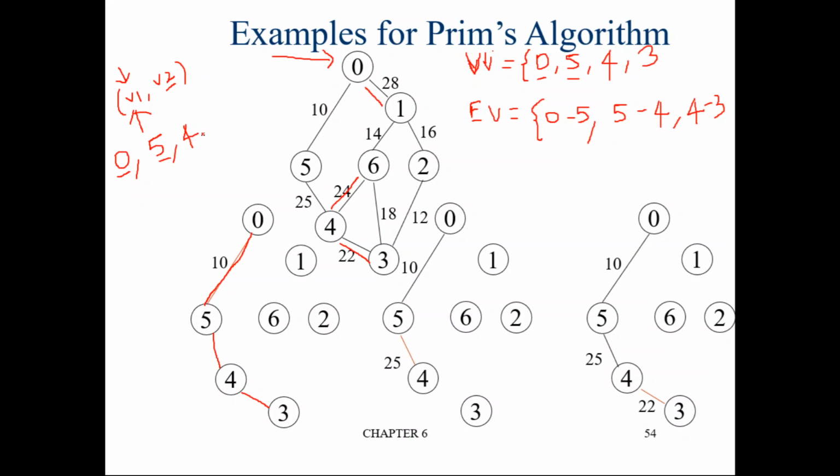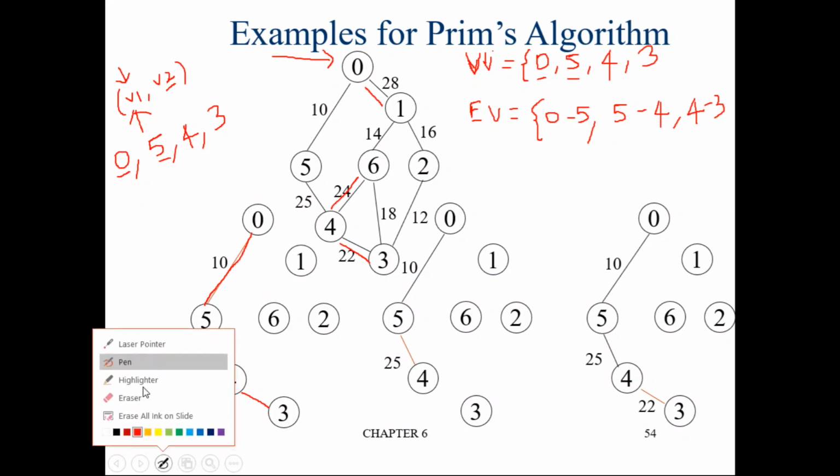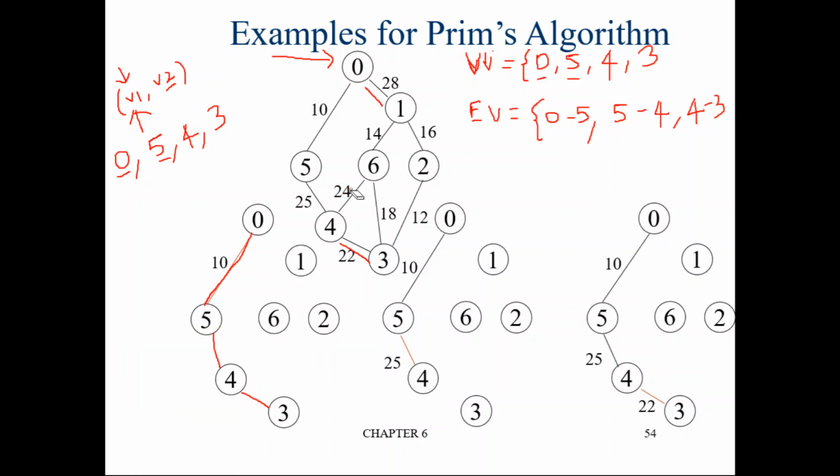Now from all these 4 vertices we have to identify an edge V1 comma V2 such that V1 is visited and V2 is not visited. Again, if you start from 0, we have only one option, 0 to 1. From 5 we don't have any option, all the edges were added.